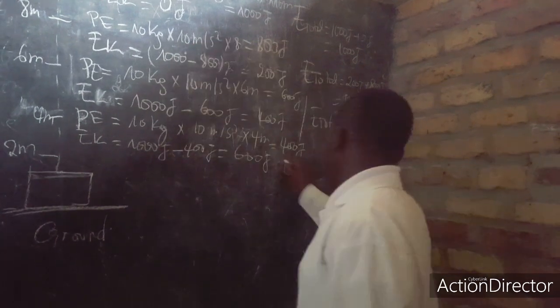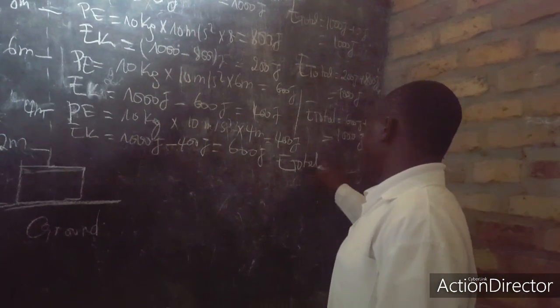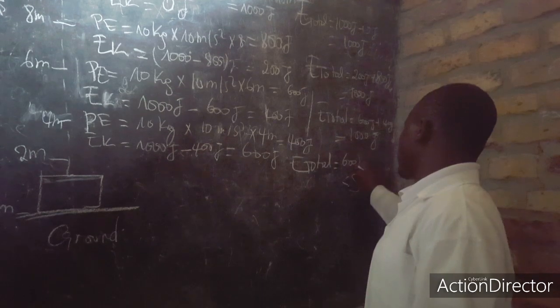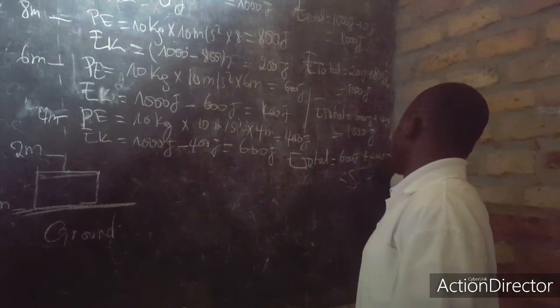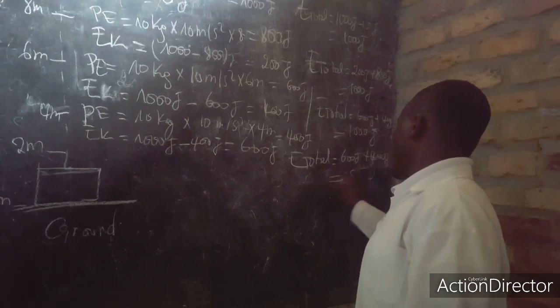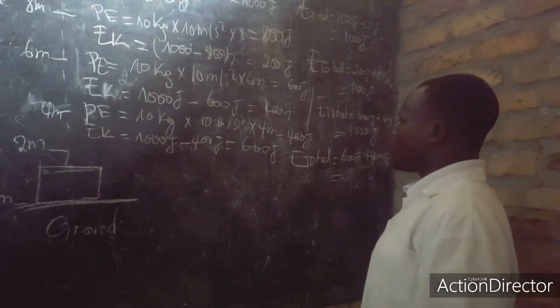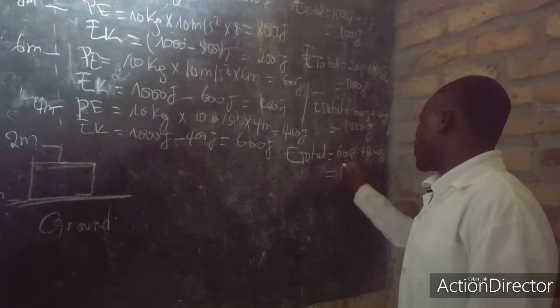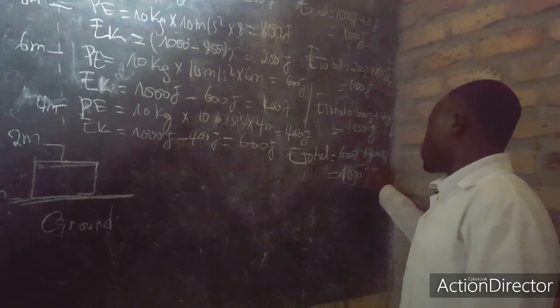So the total energy here will be given by 600 joule plus 400 joule. Then the total amount will remain constant. So we have 1000 joule.